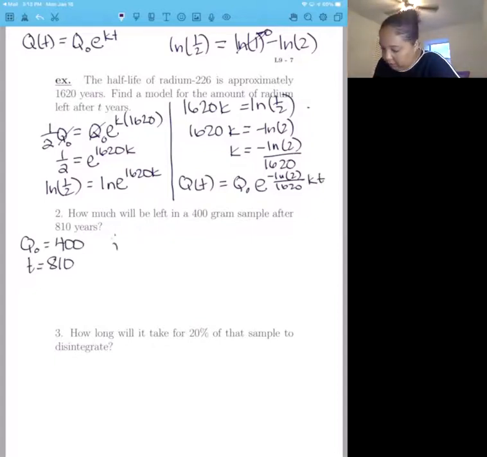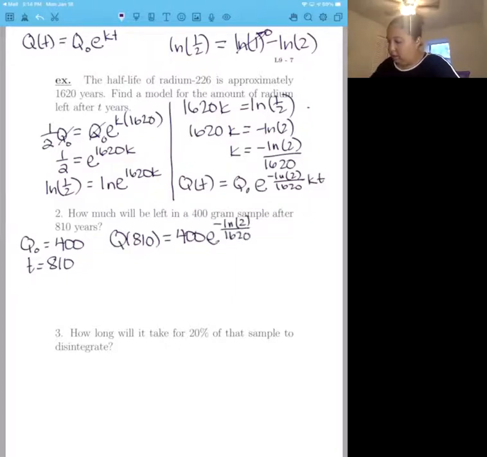So Q of 810 is equal to 400 e to the negative natural log of 2 over 1,620, that was my k, to the t, and my t is 810.